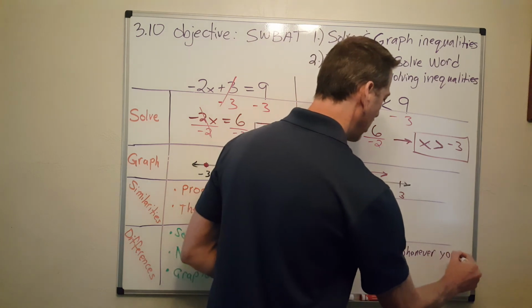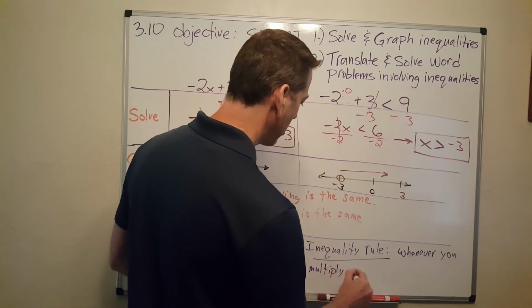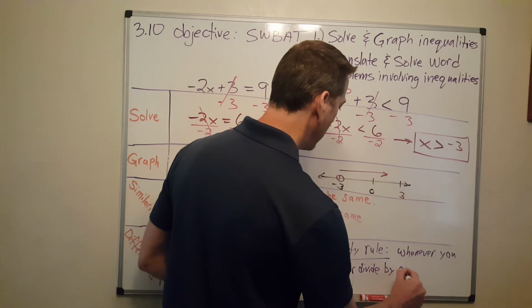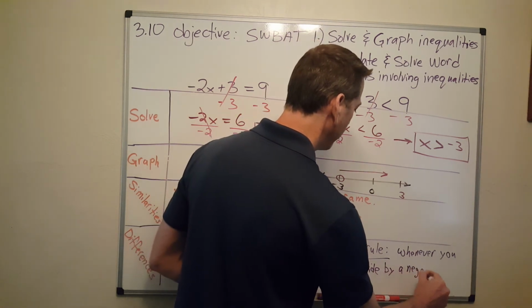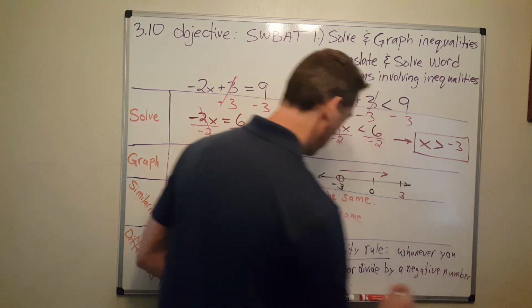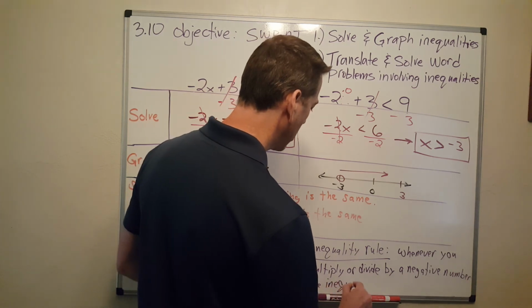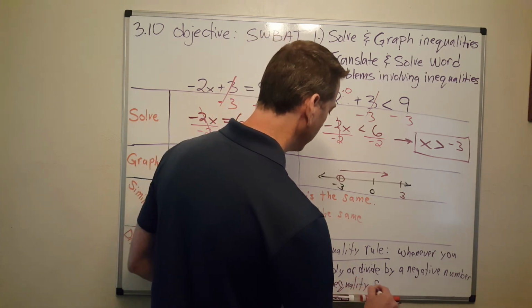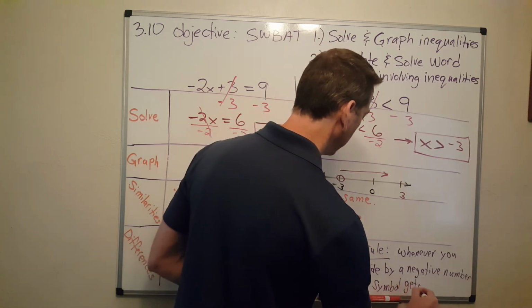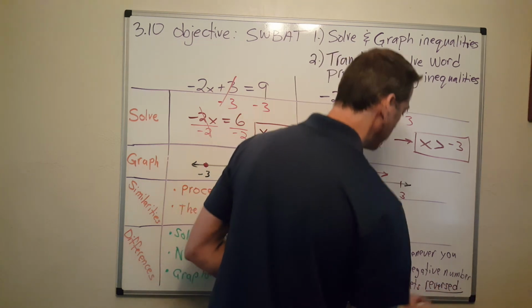Whenever you multiply or divide by a negative number, the inequality symbol gets, here's the key word, reversed.